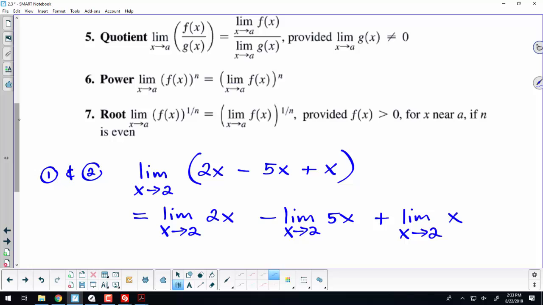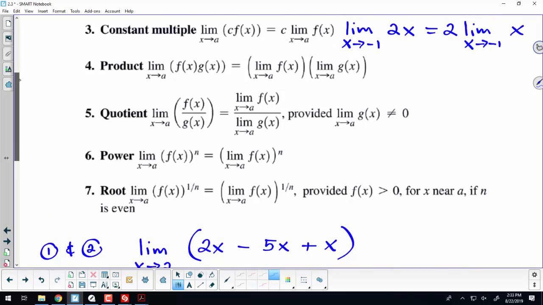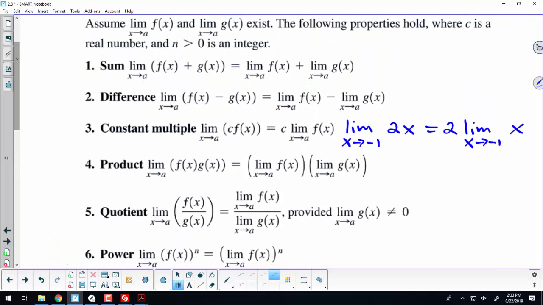Is this trying to help us with just polynomial limits? Well, yeah, so what this is building up to, some different constant multiples, products, and powers. So 1, 2, 3, 4, and 6, those put together deal with polynomials.